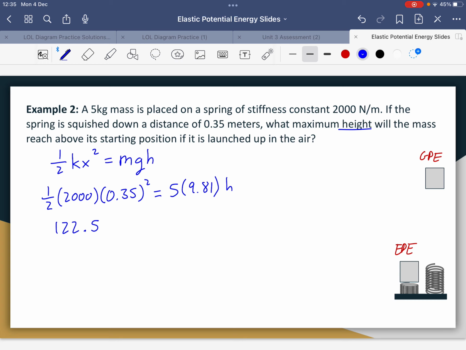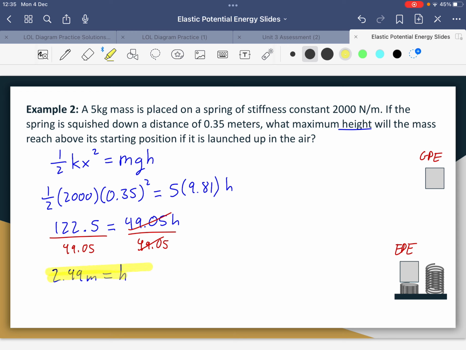And then on the right-hand side, I'm going to do 5 times 9.81, and that gets me 49.05 times h. To solve for h, I can divide both sides by 49.05. So 122.5 divided by 49.05 is giving me 2.49 meters, which is equal to my height. Cool. So that's about it.